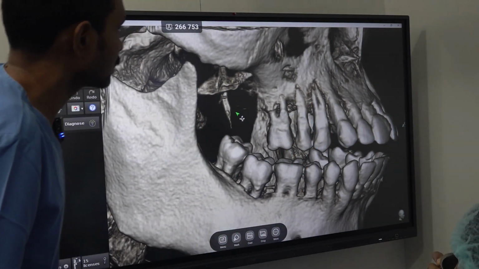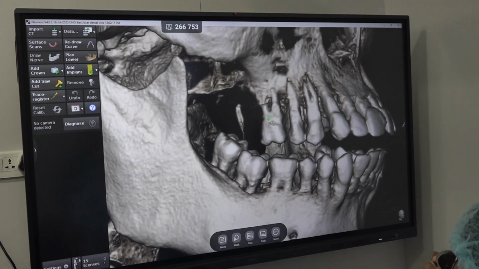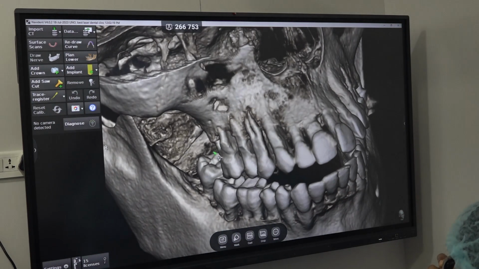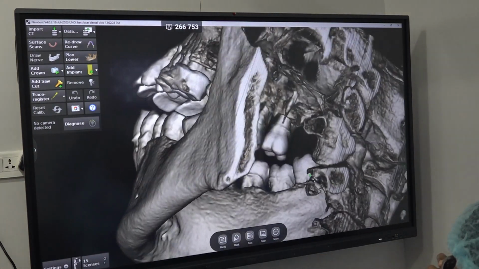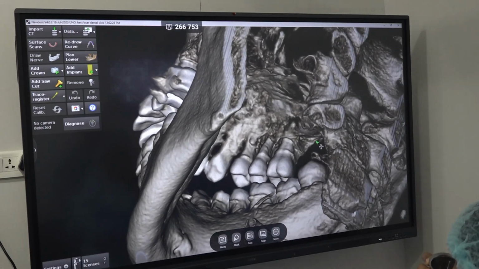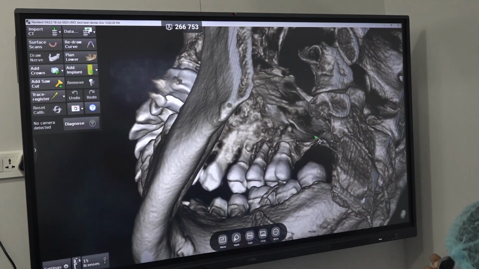Maybe 3 roots. No, it is 2 only. Sir, it's 3 only. Apparently maybe another root. Count. 2 roots, buccal and lingual. That is 1, 4, no? Buccal. We will see this.